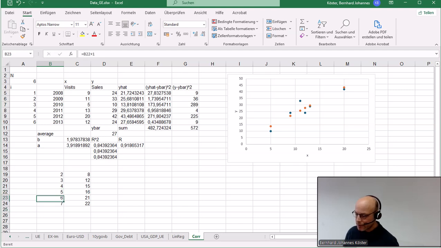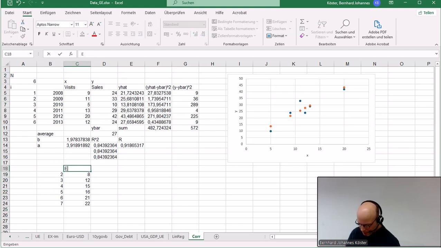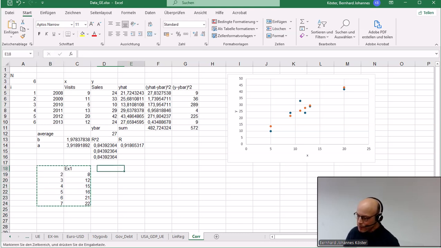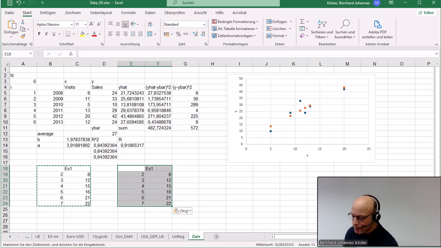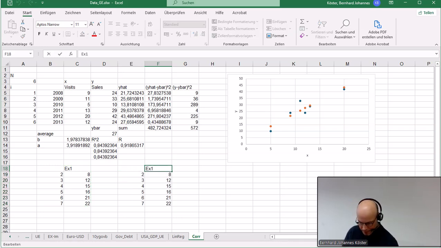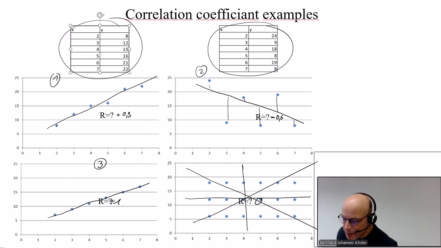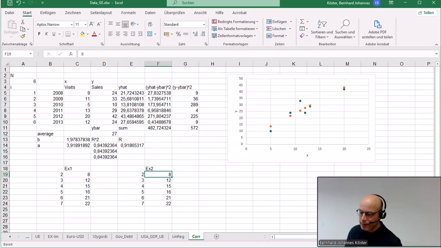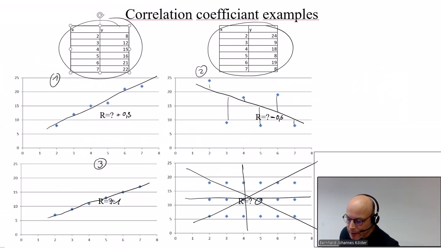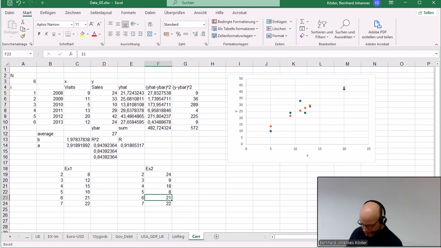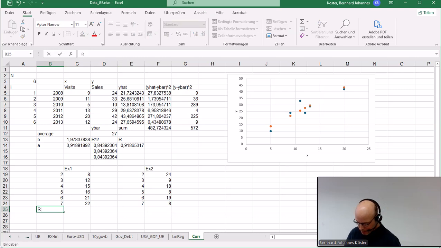So this was example 1, and then let's take example 2, and there we have 24, 9, 18, 8, 19, 8.